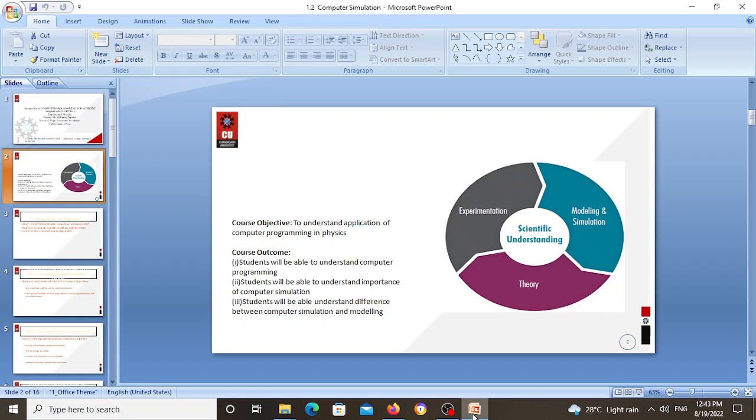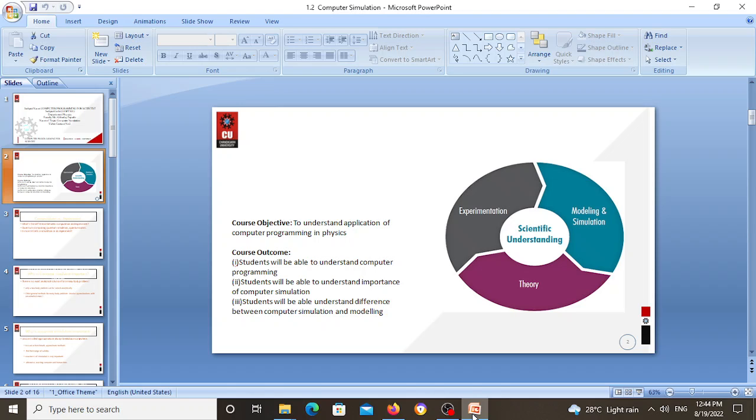Good morning, students. Today we will be discussing the importance of scientific understanding and how programming can be used to perform scientific experiments, modelings, and simulations on our laptop using Python.